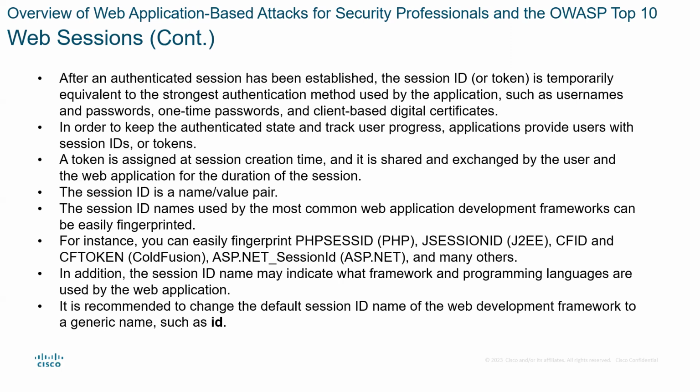A session ID would be consistent for every form of conversation that occurs between a client and a service or a server. What might be different would be the various kinds of packets or information generated by each of those contacts, such as synchronization, acknowledgement, and the rest, just to name a few. So the session ID is assigned and it is shared and exchanged by the user and the application while this is happening.